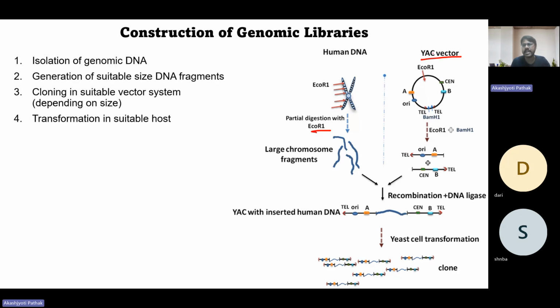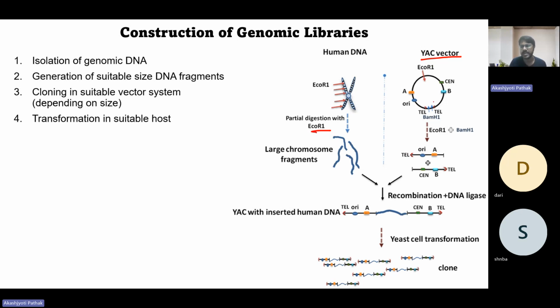This is a yeast artificial chromosome vector, because you want to clone the human DNA fragments into it, or prepare a genomic library of the human DNA. Therefore, you are taking this YAC vector, which has a BamH1 site and an EcoR1 site.